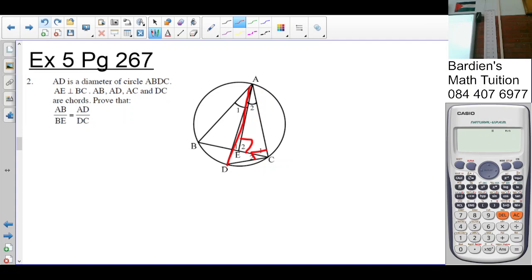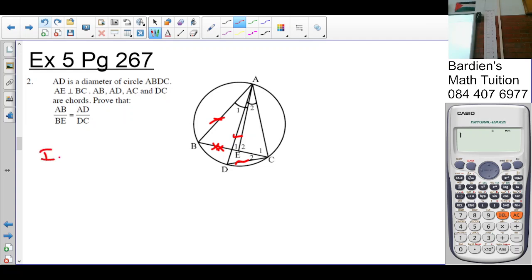Then we are told that AB, AD, AC and BC are chords. We are required to prove that AB over BE and AD and DC. Can you see the triangles you're going to work in?